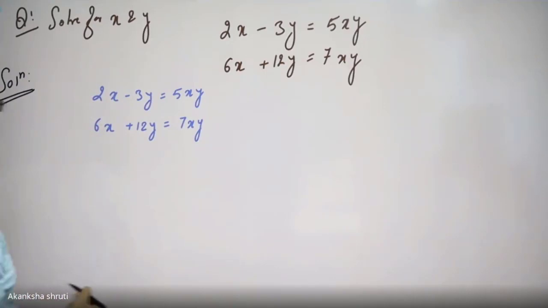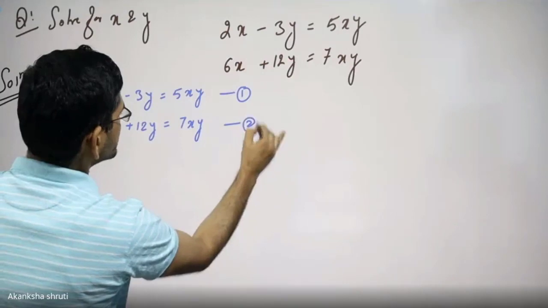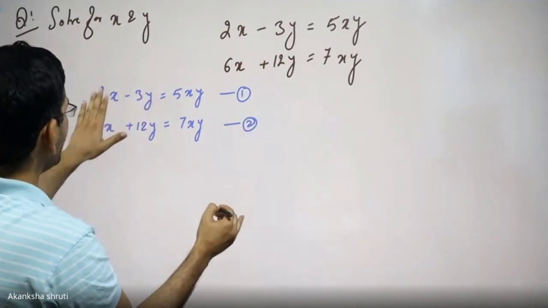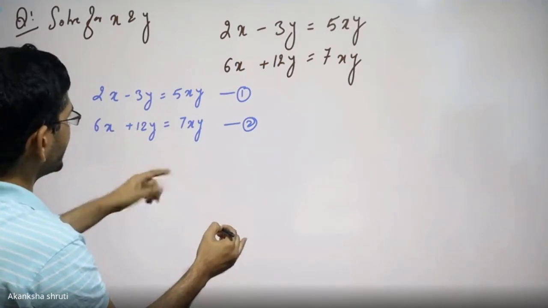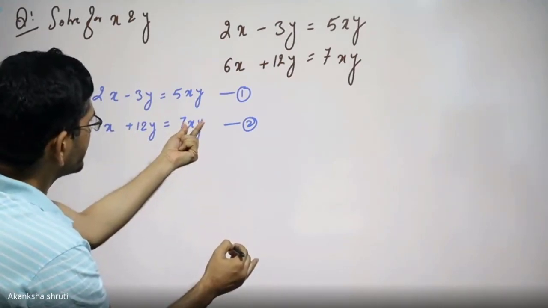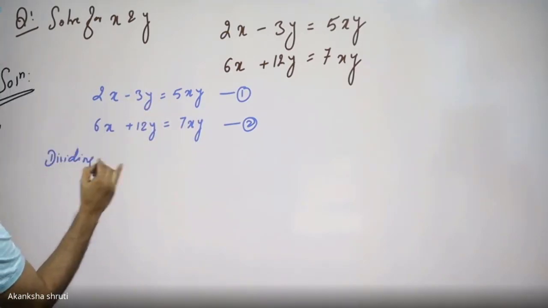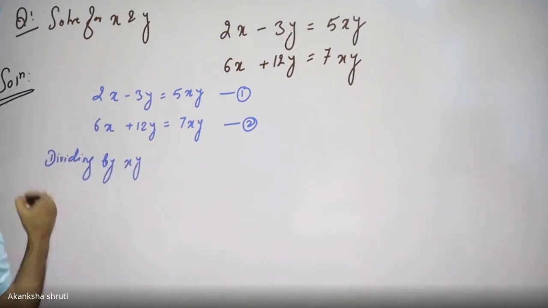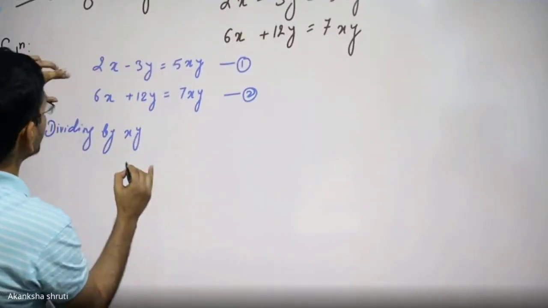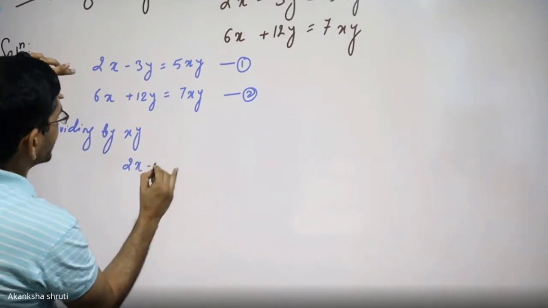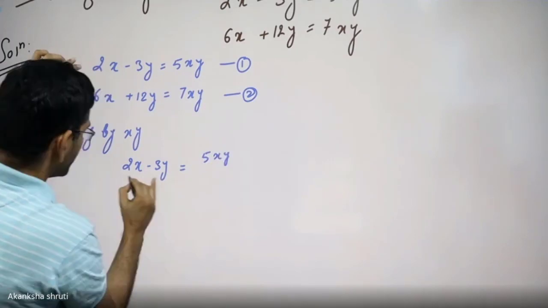Students, on dividing equations 1 and 2, both of them, by xy, the right hand side becomes free from xy. Dividing by x into y means you are going to divide the equation 2x minus 3y equals 5xy by xy.